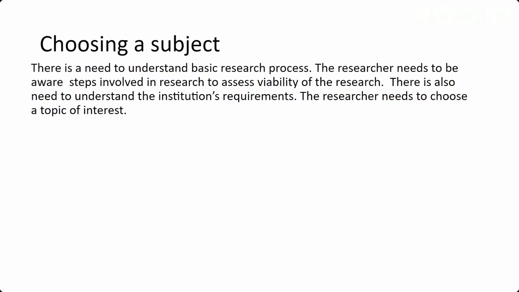So the researcher needs to understand the institutional guidelines of where that research is to be presented. All these have to help the researcher choose a correct topic which they can manage. The researcher also needs to choose a topic where they have interest, because that's when they are going to express themselves more with interest.